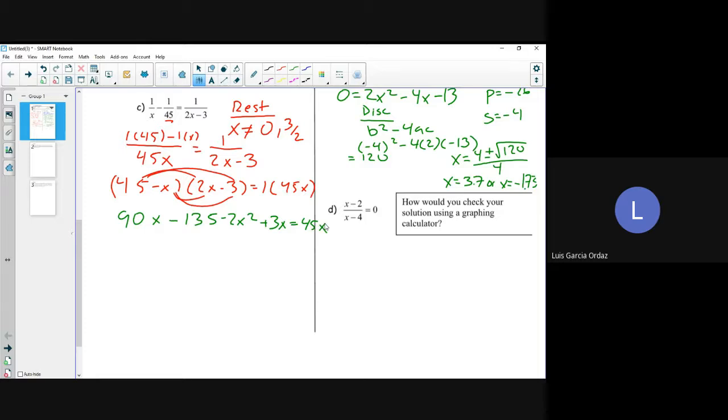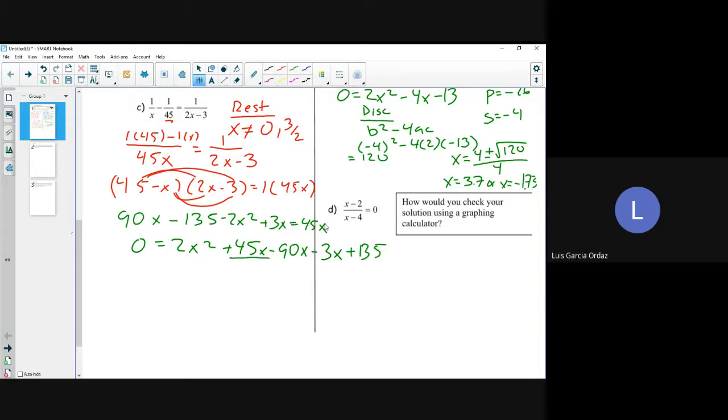So now, remember, it's easier for the highest degree to be positive. So which side are we going to move these things over to? Okay. So we're going to get 0 is equal to 2x squared plus 45x minus 90x minus 3x plus 135.